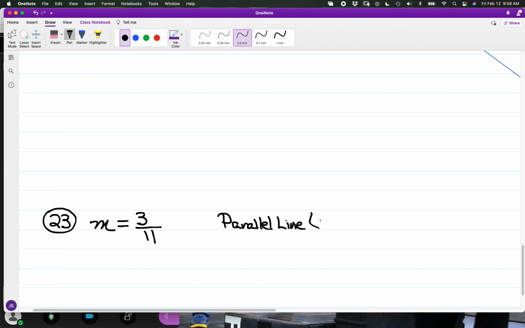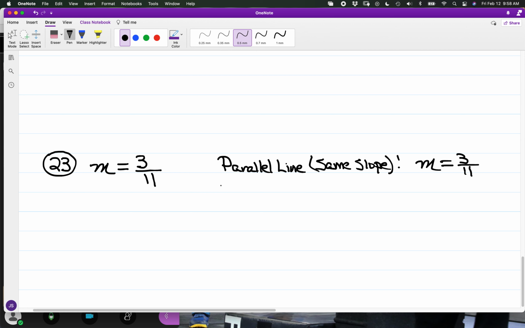So a parallel line is going to have the same slope. If the given line has a slope of 3/11, the parallel line's slope is also 3/11.